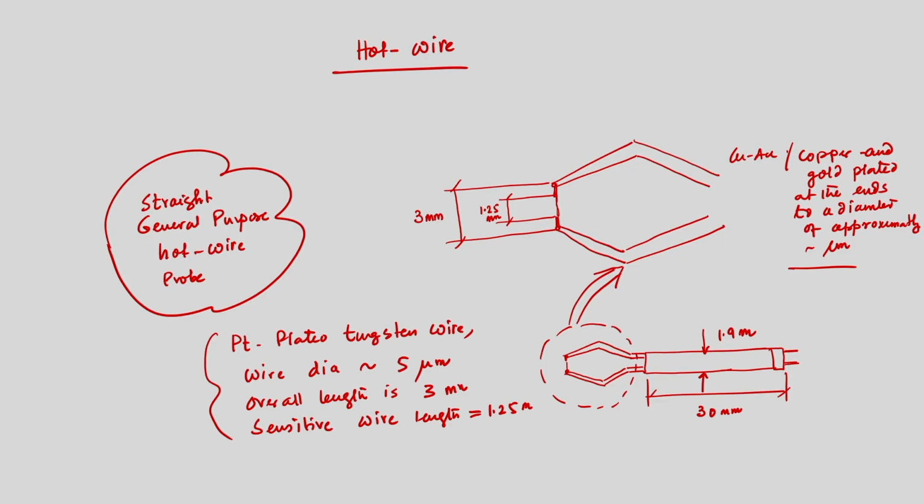So, this general purpose hot air probe is not suitable for those cases where we would like to measure flow velocity in the region very close to the solid surface.